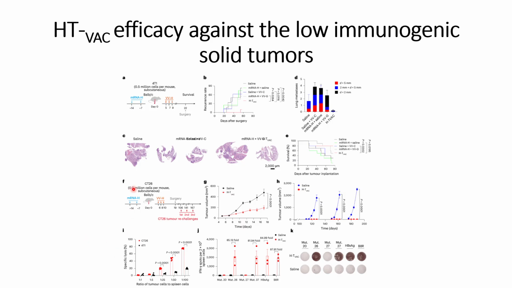For that they took the spleen cells from the mice that were injected with the CT26 tumors and treated against CT26, that is, from CT26 tumor treated mice, and co-cultured the spleen cells.